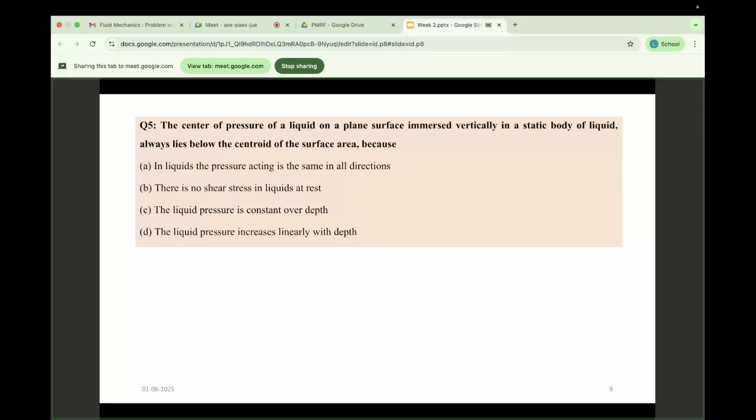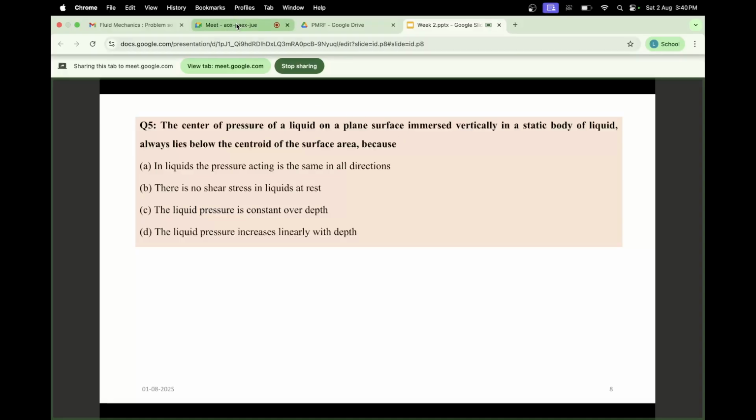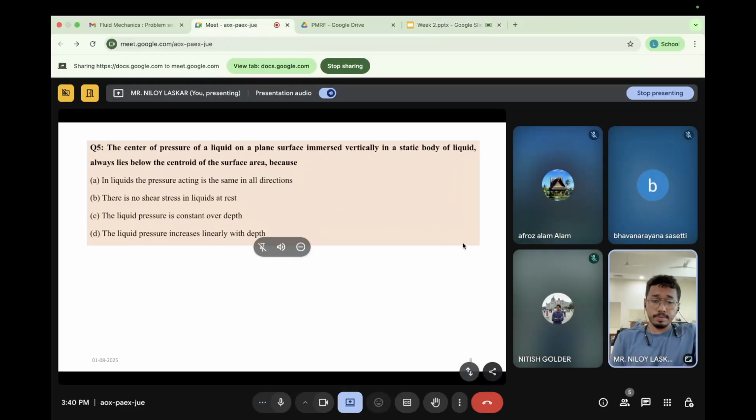So only two options are left for you to answer, option B and option D. So that's how you need to eliminate options. If some of you are also going to appear for the GATE exam, try to analyze the options accordingly. There are certain options which you can eliminate through basic concepts. So please try to answer.